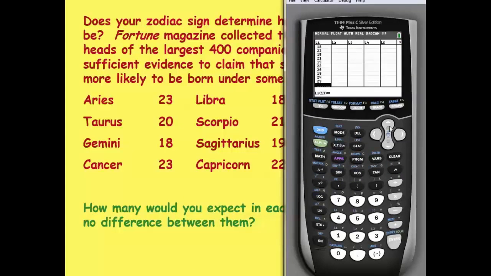Okay, so now that I've got all these numbers typed in, let's talk through what we would expect to see. If I think that honestly there is no difference between any month, then I would expect, generally speaking, the same number of people born in each month.